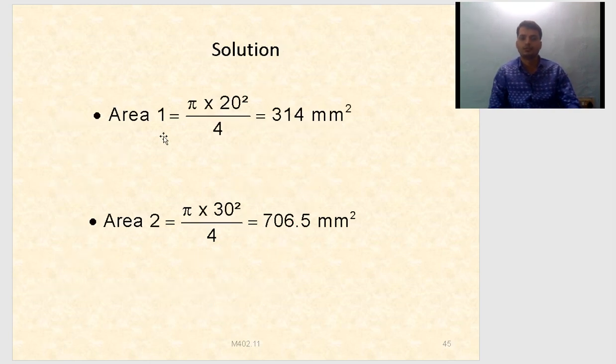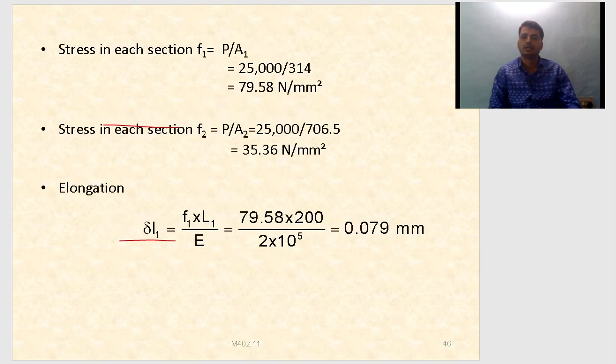For diameter 1, we use the formula pi by 4 d squared to get area 1. Similarly, we get area 2. Next, stress 1, sigma 1, is load by area. The load is given and the area we found. Similarly, stress 2 is load by area. The combination of the two stresses we need to calculate.